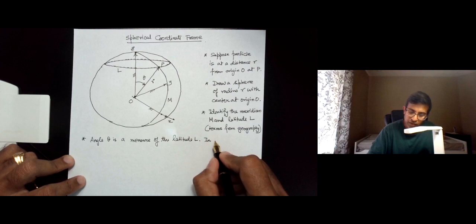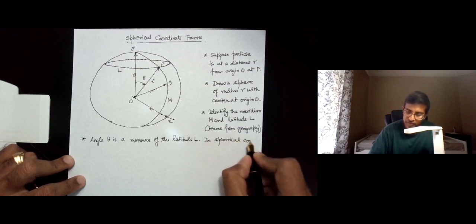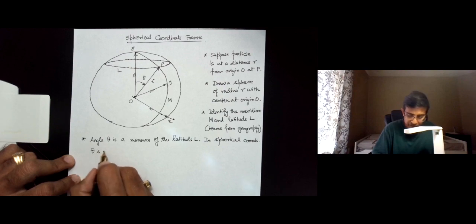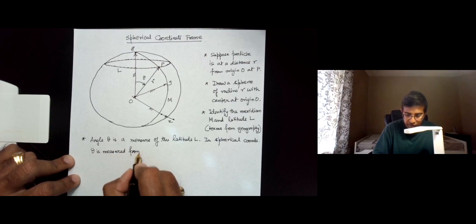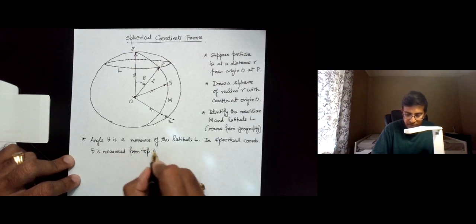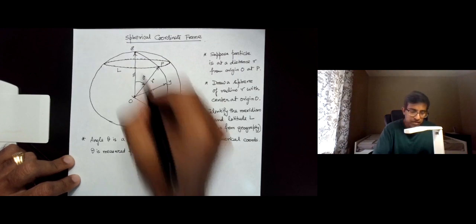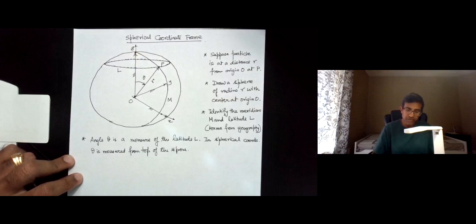And in the spherical coordinate system, theta is measured from the top of the sphere. Right, so theta is measured from the top of the sphere.